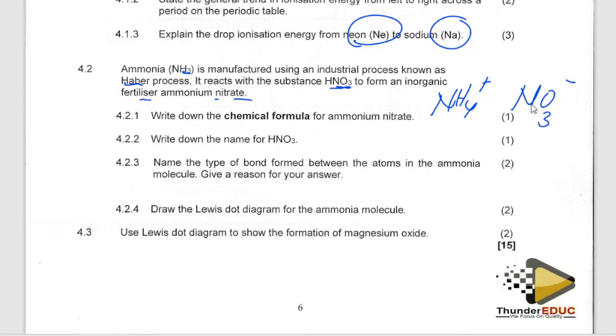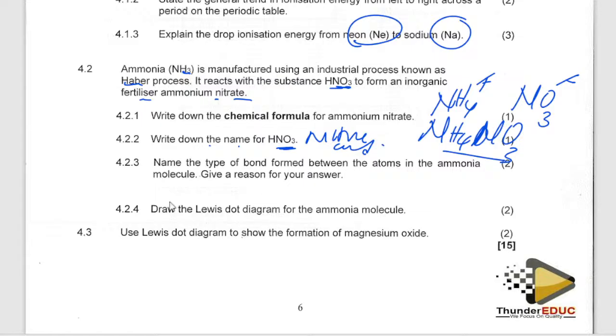I explained this yesterday, and when you cross them they cancel. Therefore, ammonium nitrate becomes like that. So that's the formula. Then they are saying write down the name of this. This is nitric acid. I said it yesterday also. Name the type of bond formed between atoms.